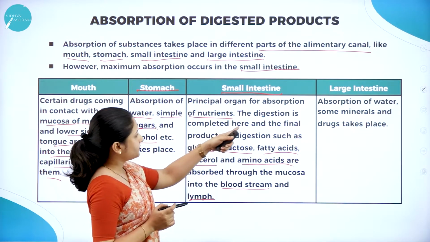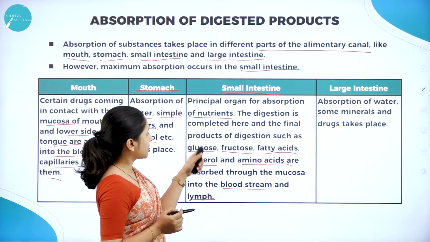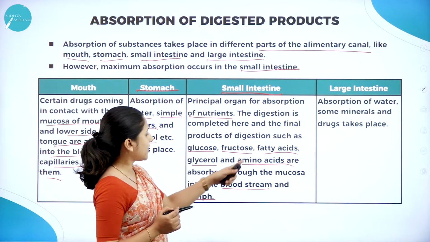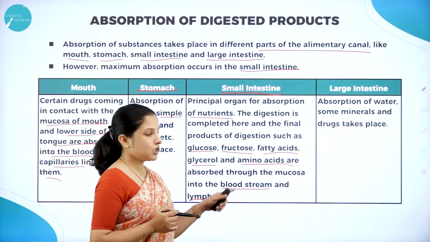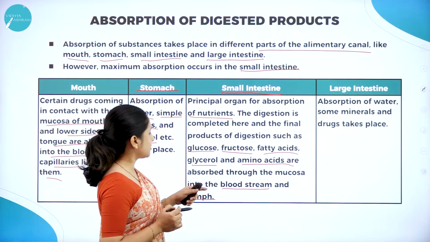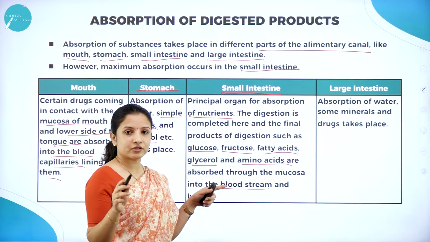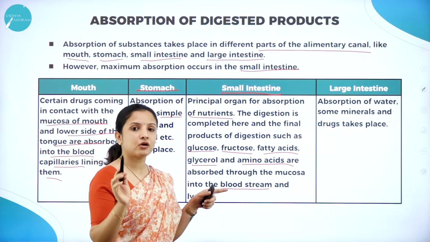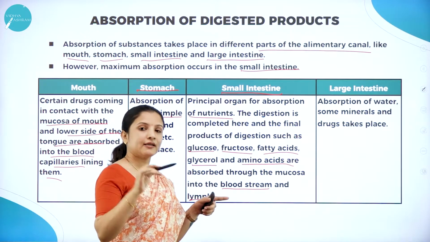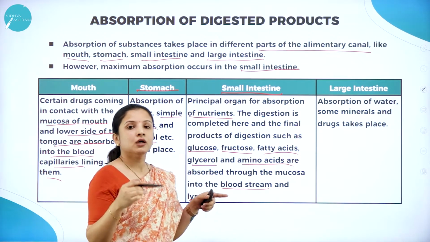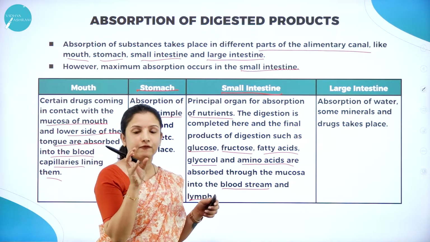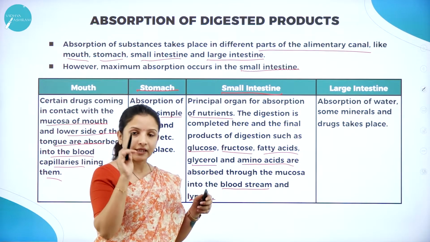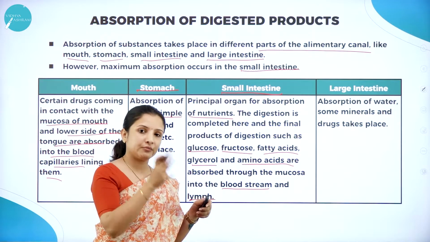So here we need to understand that glucose, fructose and amino acids enter into the bloodstream. But fatty acids and glycerol don't directly enter into the bloodstream. Why? Because they are insoluble in blood. So that is why they get converted into droplet-like forms called micelles, and then these micelles are absorbed by the mucosa.